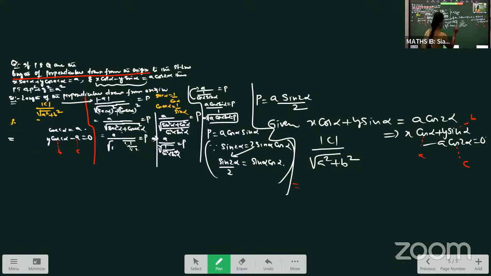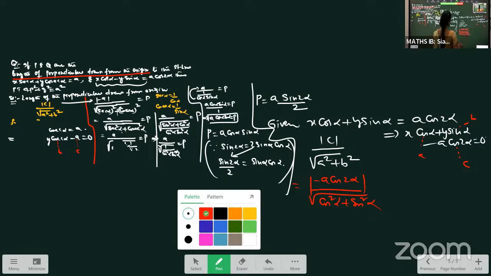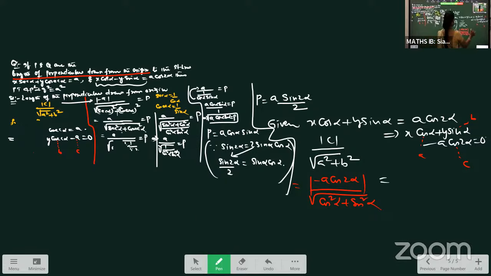Substitute here. This is minus A cos 2 alpha by root over cos square alpha plus sin square alpha. And he is telling you to name this one as Q. First one is P, next one is Q. When the mod is there, if you remove the mod, minus will be gone.